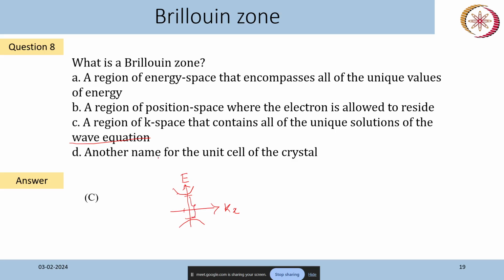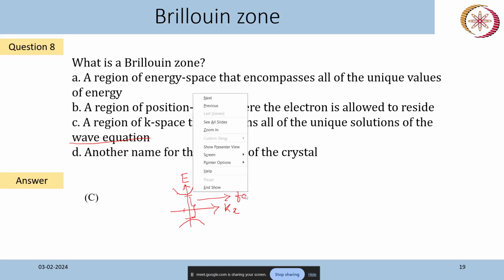That means there are no solutions of the wave equation here. These energies are not allowed according to Schrodinger's wave equation. Only these energies are allowed. So the Brillouin zone actually represents the energy states which are allowed for electrons and which are not allowed. So these are forbidden.